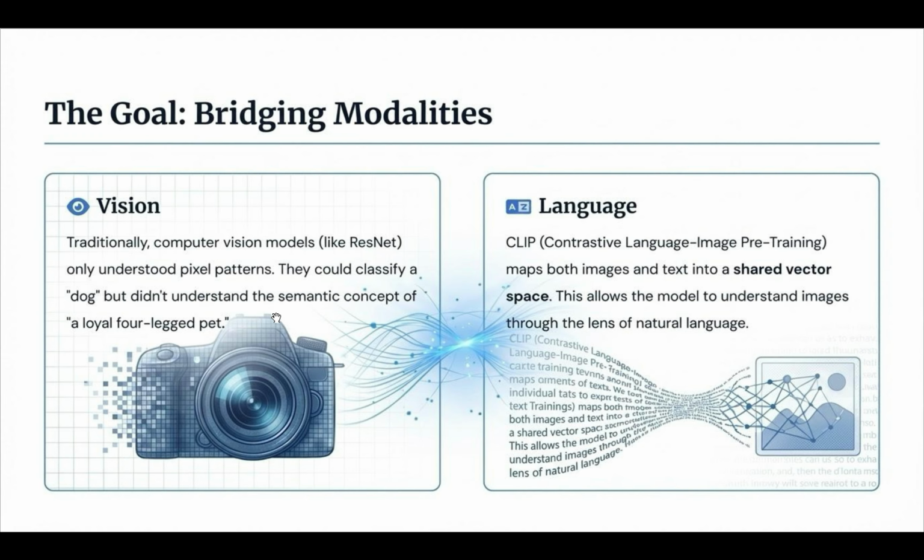CLIP, contrastive language image pre-training, maps both images and text into a shared vector space. This allows the model to understand images through the lens of natural language.